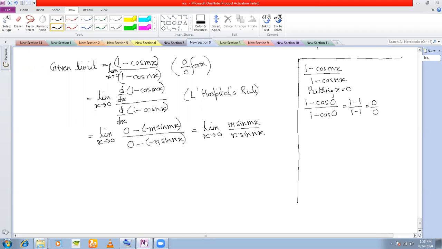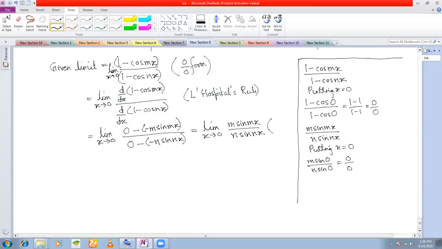Now again check whether after the first differentiation we have got a determinate form or not. So you got m sin mx by n sin nx, putting x is equal to 0. You get m sin 0 by n sin 0, which is again 0 by 0 form.